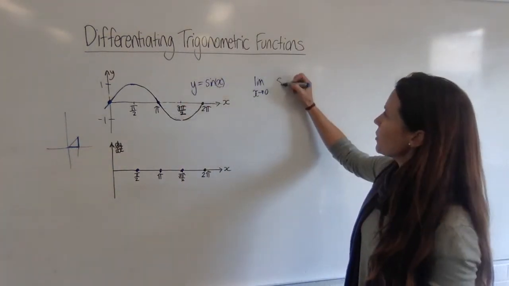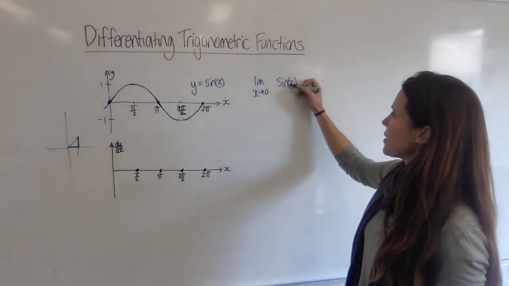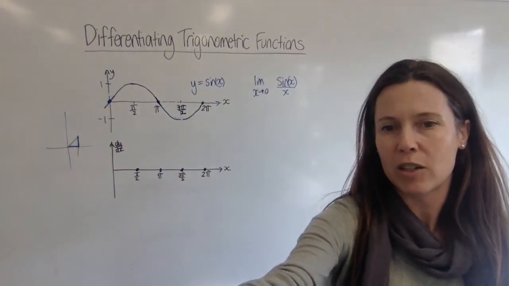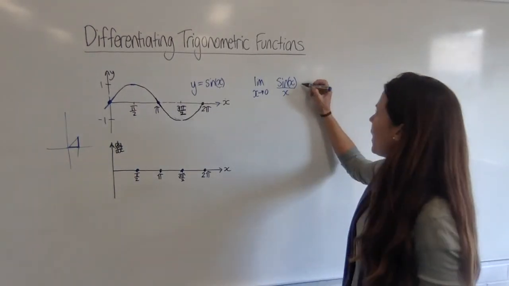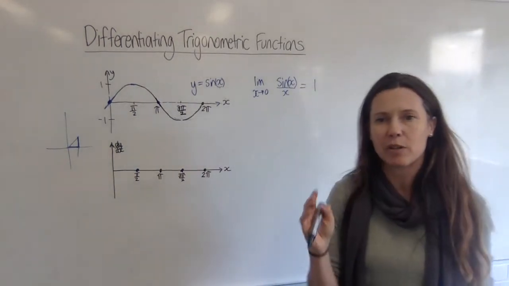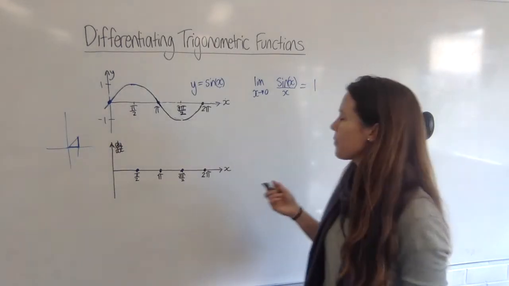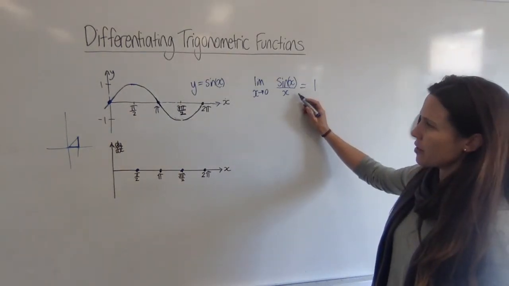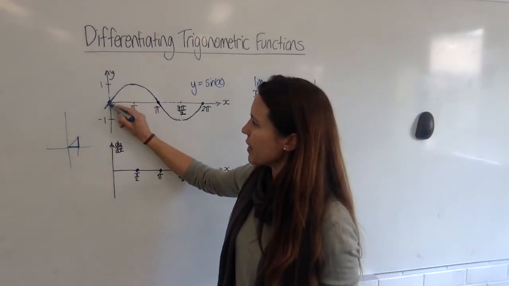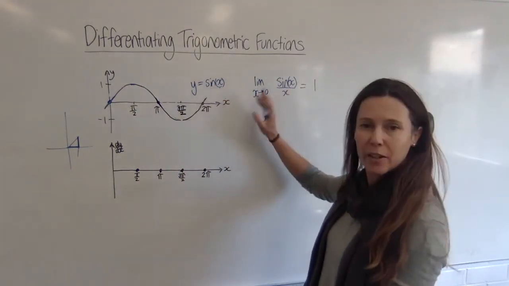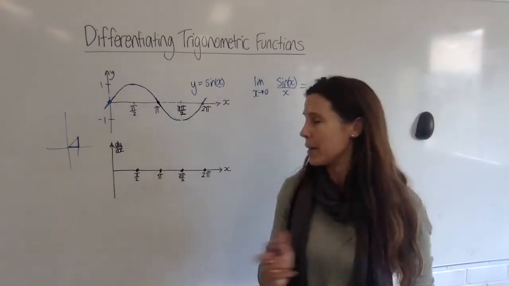So when we build the gradient and consider sine x over x, we found that the gradient is actually 1. And that made a lot of sense because it was sandwiched in between two things that had to also be 1, remember? So if we know this, then we've got our gradient here of 1, and we can reason it will be 1 every 360 degrees when it passes through those equivalent points.